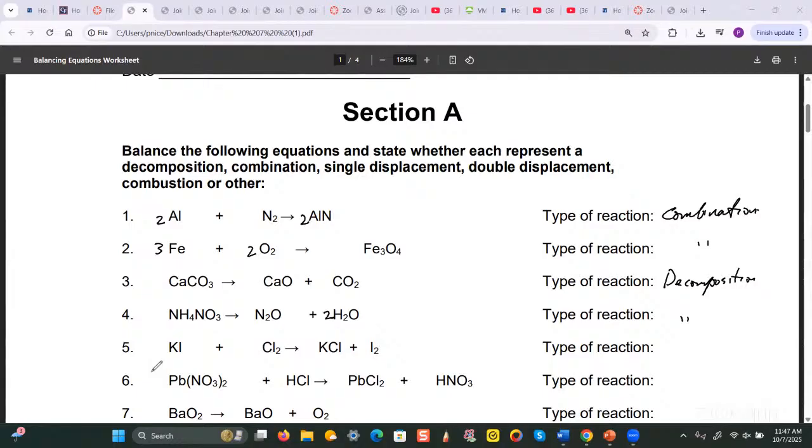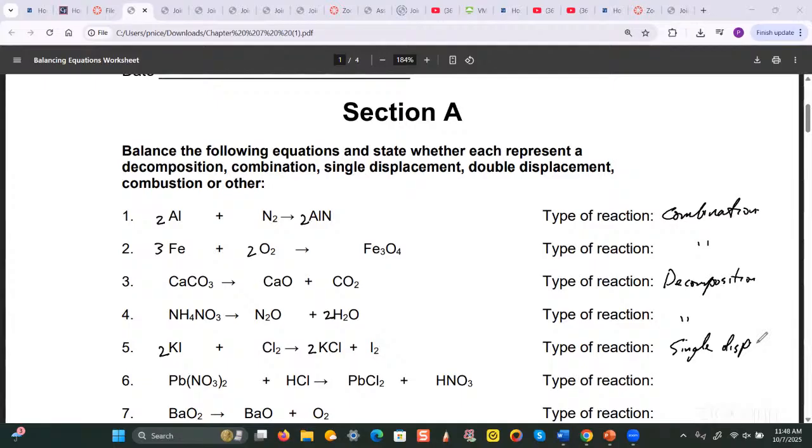How will you balance that equation? Two in front of the potassium iodide, two in front of the potassium chloride. And what type of reaction is this? Single displacement.